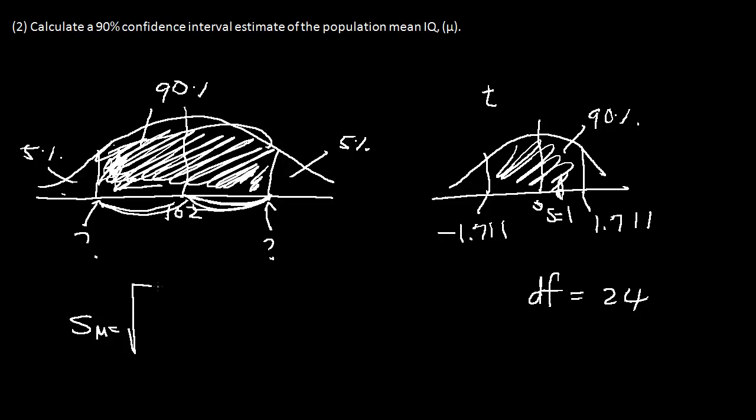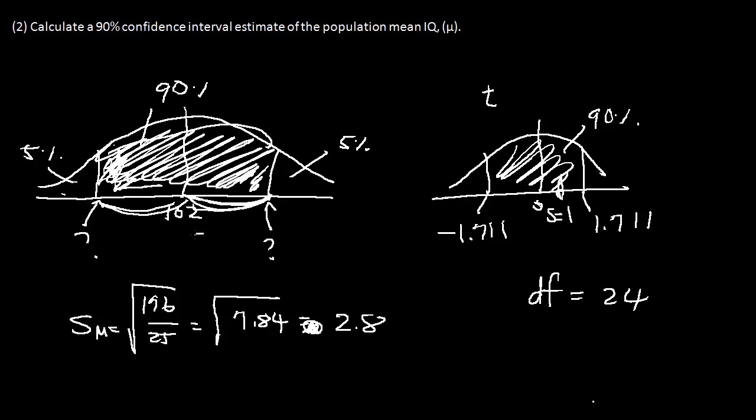Okay, 196 divided by 25 is 7.84, and the square root is 2.8. So it's 2.8.